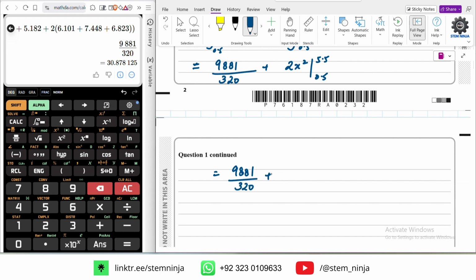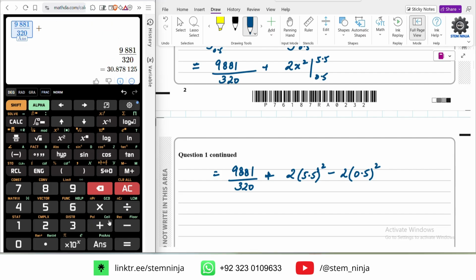plus. So remember, for intermediate values, we can choose a higher accuracy. We can use exact forms also. So you have 2 times 5.5 squared minus 2 times 0.5 squared. So this plus 2 times 5.5 squared minus 0.5 squared.